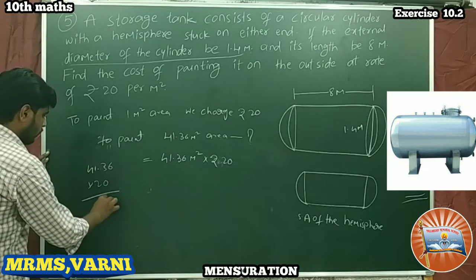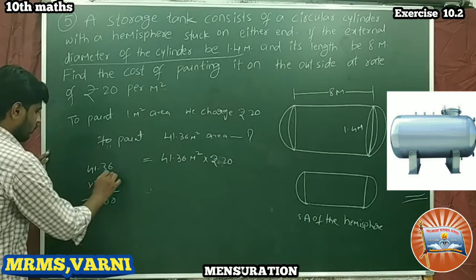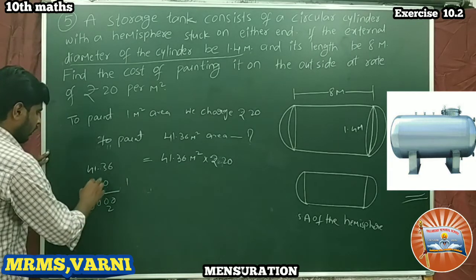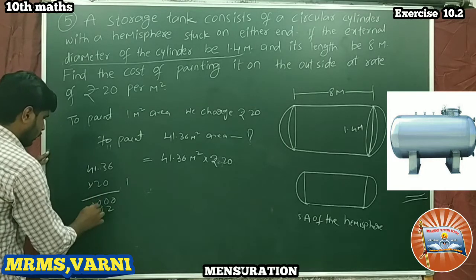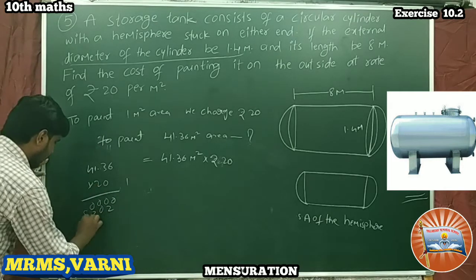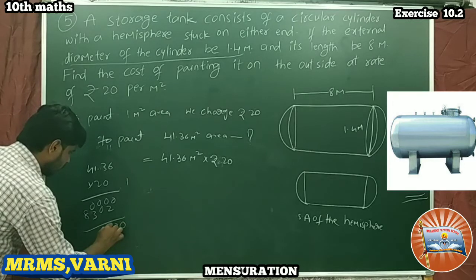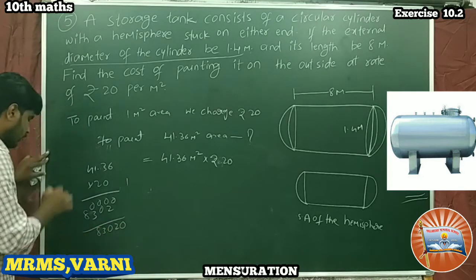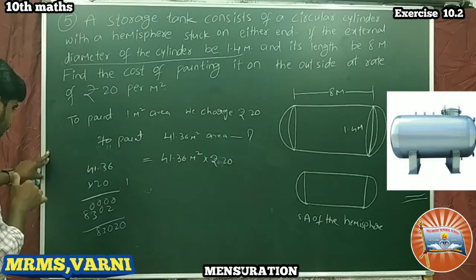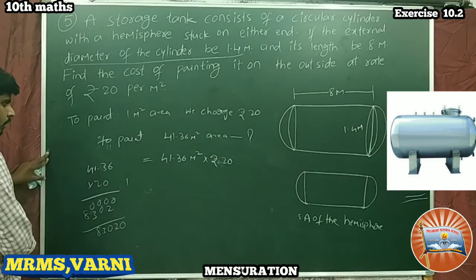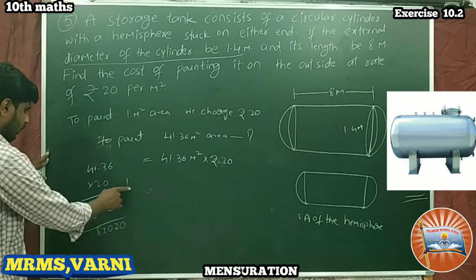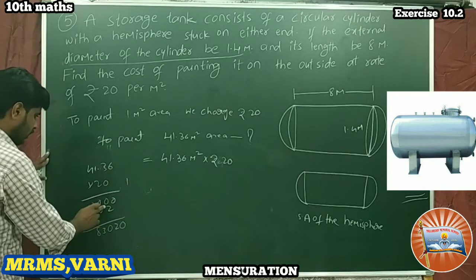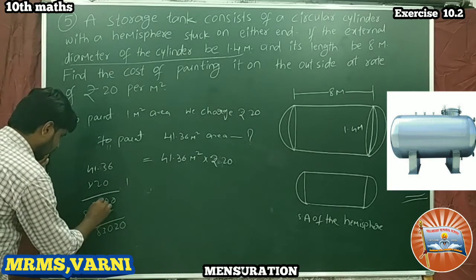So 0, 0, 0, 0. 2 6s are 12, 1 carry. 2 3s are 6, 7 here. Is it correct? Shall check once again. 2 6s are 12, 1 here. 2 3s are 6, 7 here, okay.